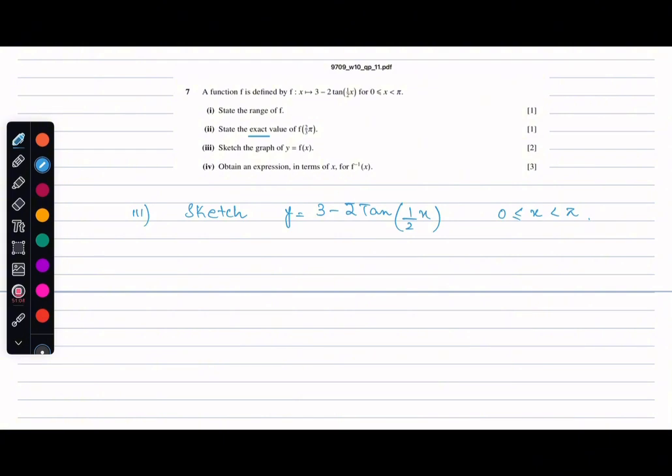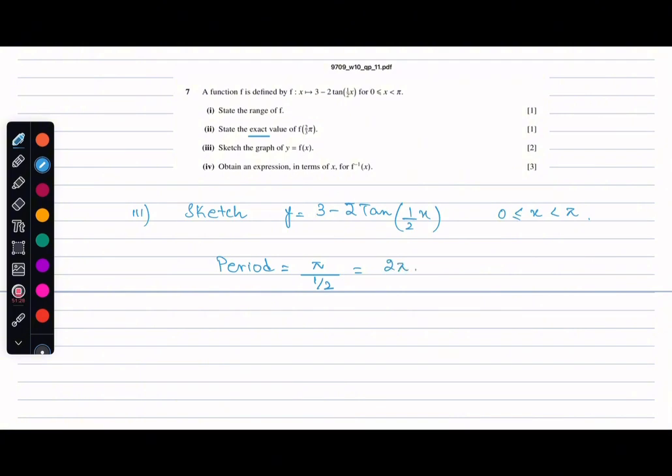Another thing we should observe here is this 1 by 2. That means there is a period for the tangent function. We know that the period for tangent is pi. So this pi gets divided by 1 by 2, which gives me 2 pi.